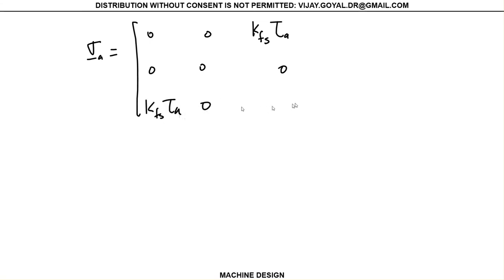So for the alternate, your state of stress is going to look as follows. You're going to have all zeros. You multiply your Kf here, alternate, 0, 0, 0, 0, 0, 0. And you're wondering why we have all this alternate.